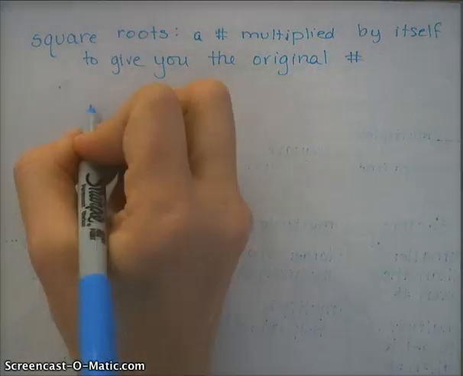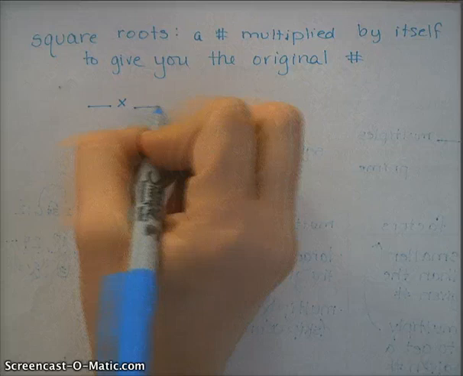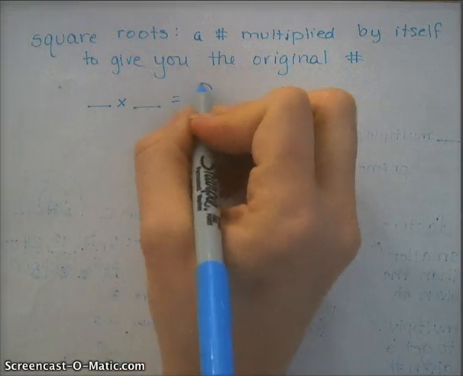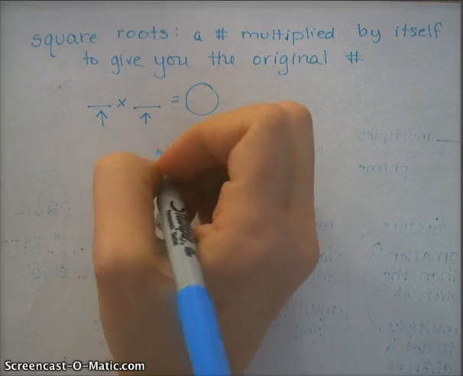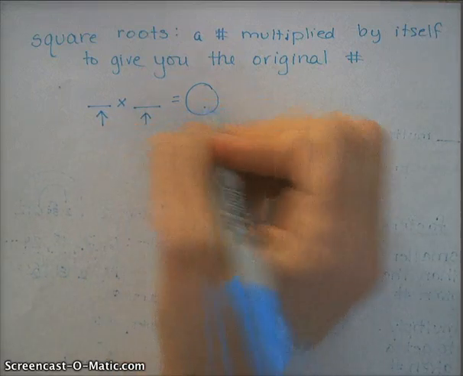So basically anything times itself equals a number. And this then, as long as these are the same thing, would become the square root of this.